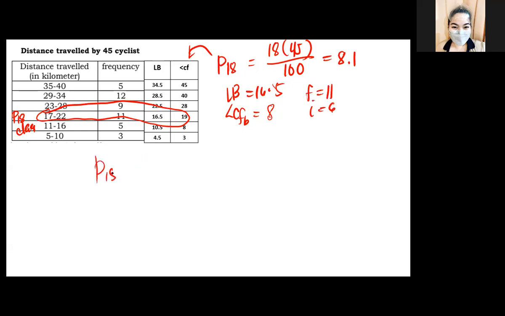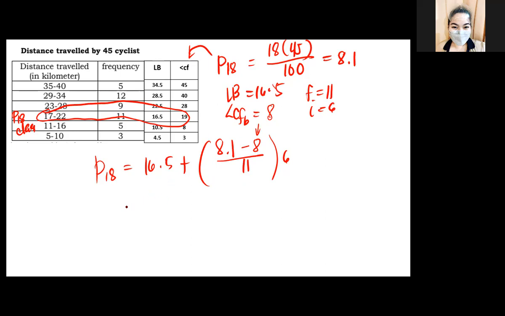So, P sub 18 is equal to 16.5 plus 8.1 minus 8 divided by 11 times 6. Ito yung sinasabi ko sa inyo na walang magiging negative answer. Okay? Wala siyang magiging negative answer. Kasi nga, dapat yung CF mo below talaga. So kapag below siya, mas mababa, no negative answer.